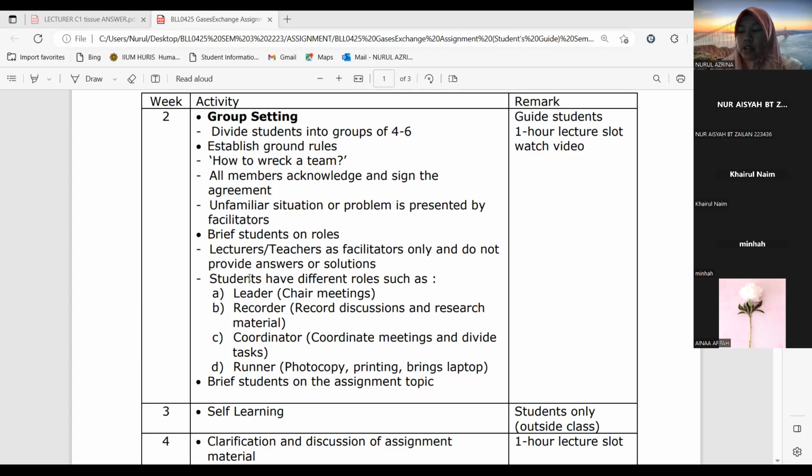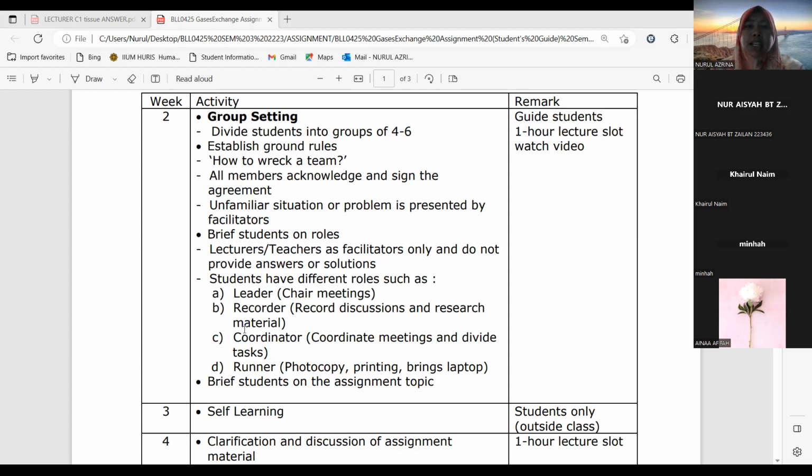Okay, right. You have to assign the roles of the team, assign a leader. So without a leader, we cannot do work, right? Okay, so the leader will chair the meeting and plan the task distribution and whatnot. Okay, work together with the coordinator. So the coordinator will be the last person who checks the formatting, right?